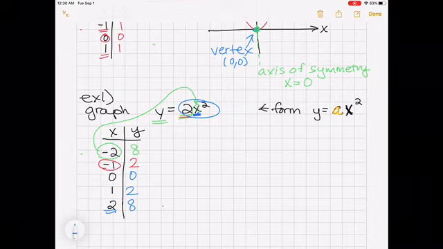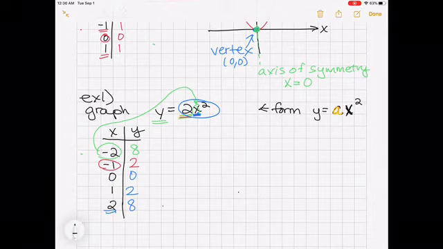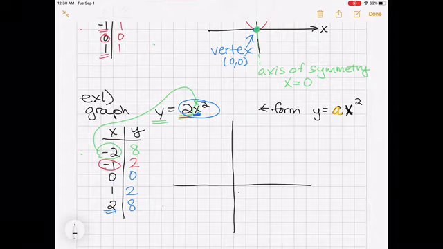Okay? So now that we have those values for x and y, we're going to graph them. So here we go. We've got negative 2 comma 8. So 1, 2, 3, 4, 5, 6, 7, 8, right here.